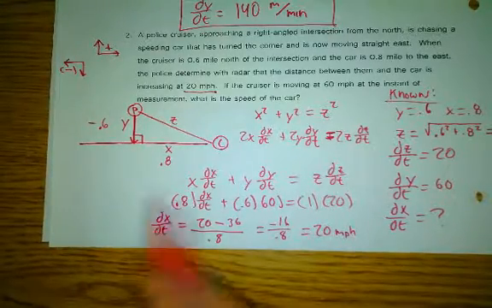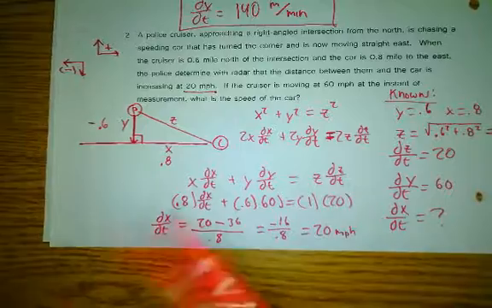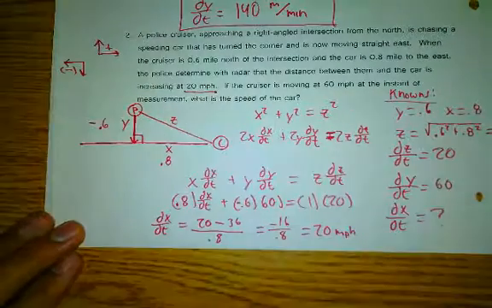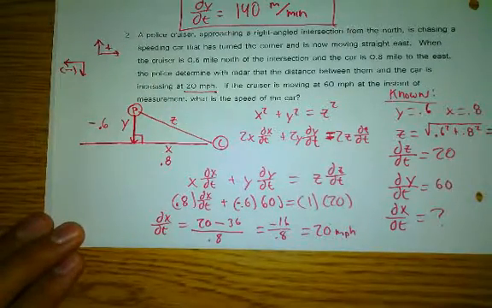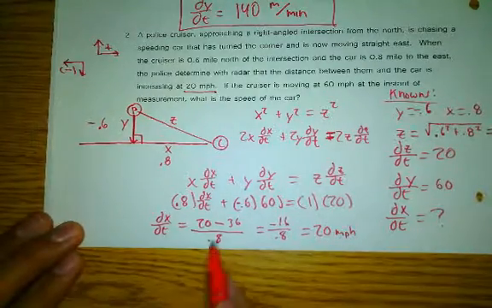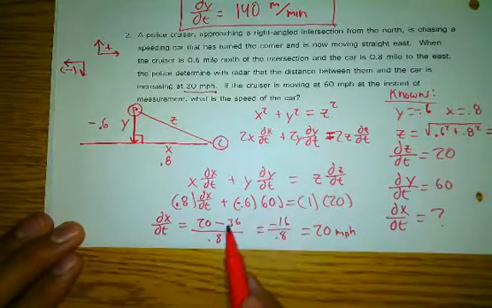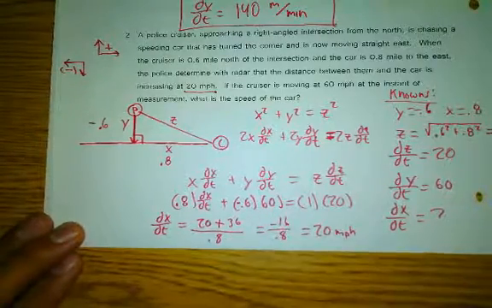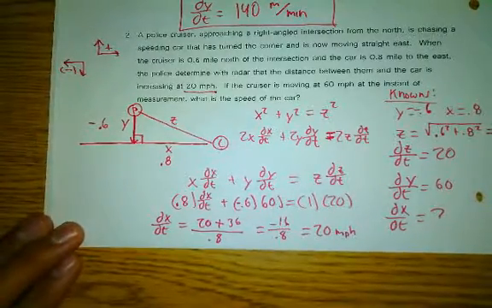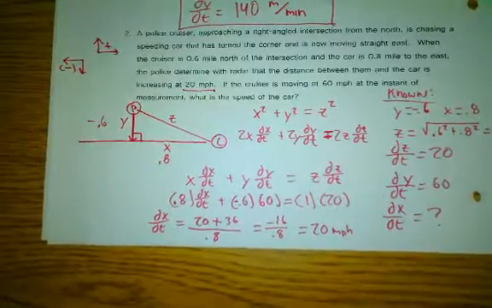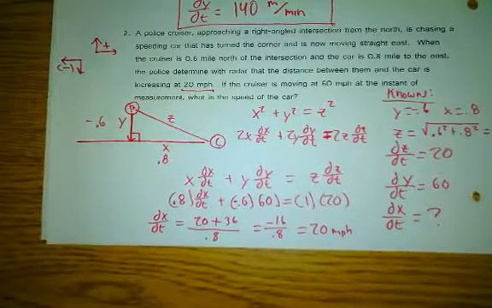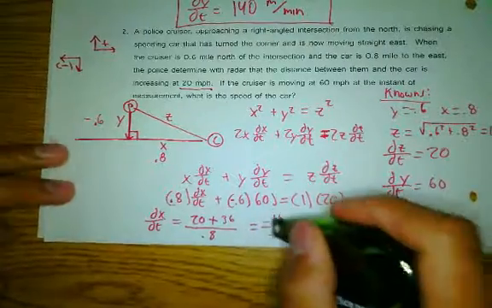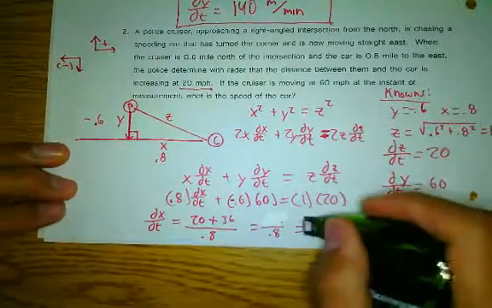So that makes this a negative, right? Do you guys agree? Okay. So then instead of having negative 36, this is going to be plus 36. Agreed? You guys with me? So then instead of having negative 16, I have, what's 56?